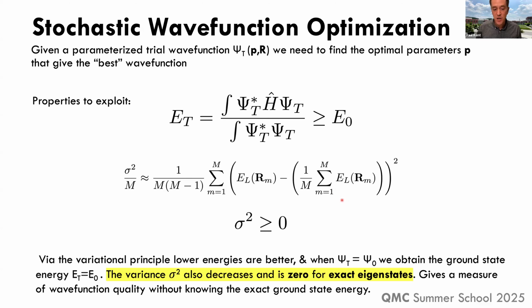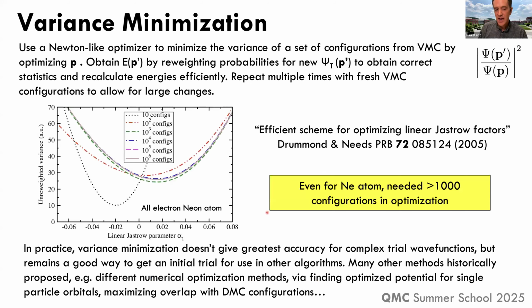So this can actually be used as a measure of wave function quality. There are exercises one can do, putting in a basis set expansion of energy-ordered eigenstates, to see this in more detail. But we've got something that we can optimize here. This was used very much in the 90s and early 2000s to perform a lot of materials and molecular studies, and it includes a couple of tricks that are still used today.